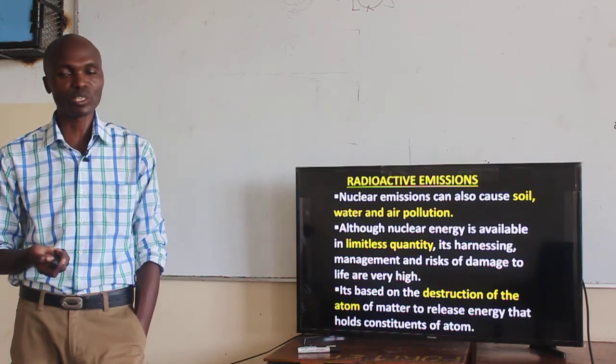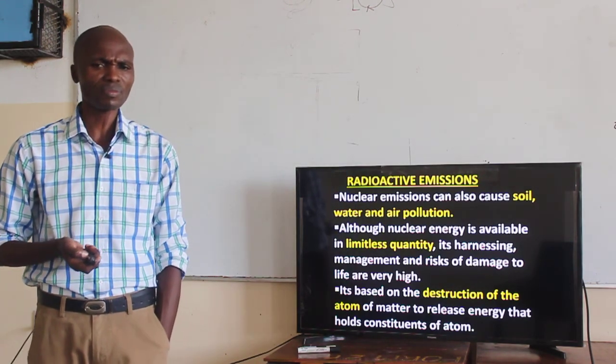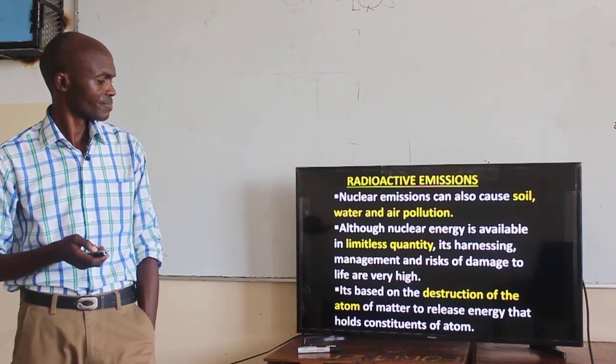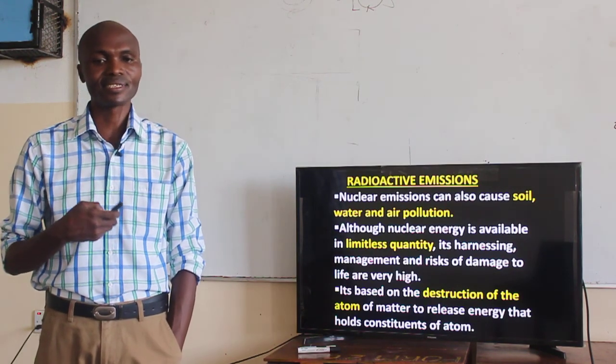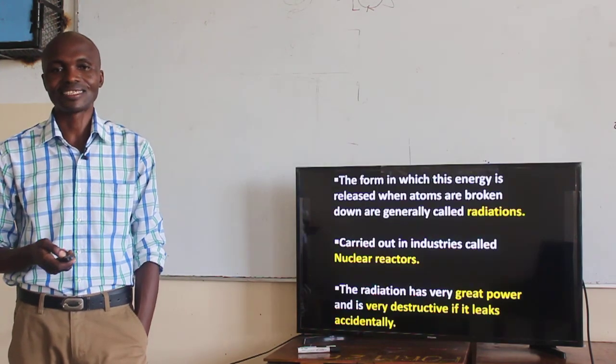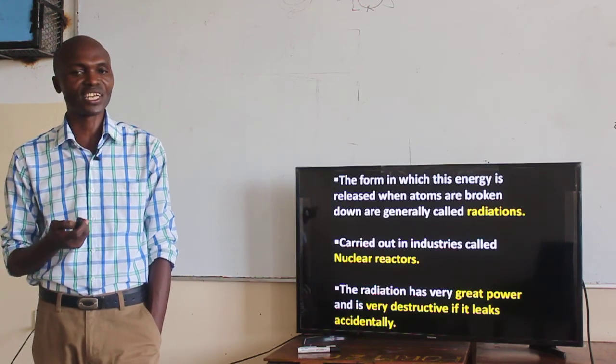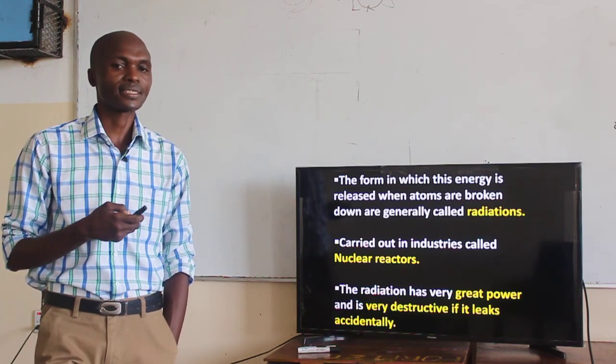Now, nuclear energy production is actually based on the destruction of the atom, and we try to harness the amount of energy that is normally released when this reaction occurs.